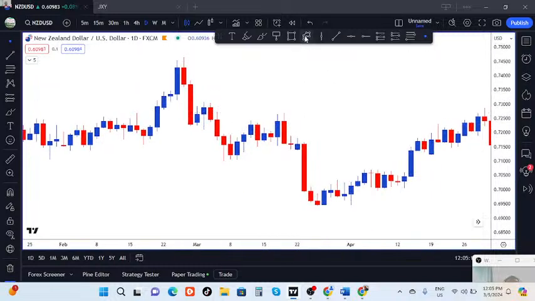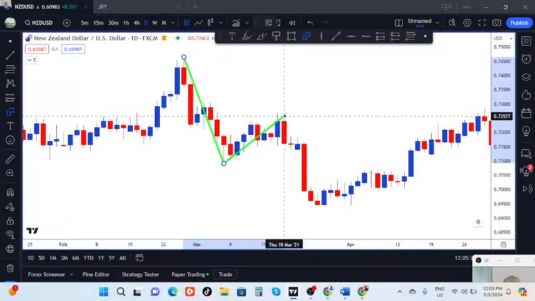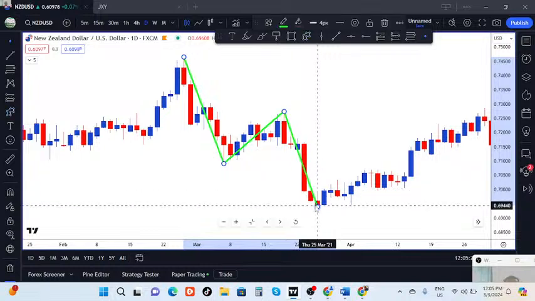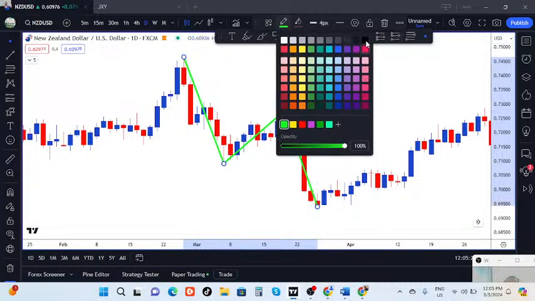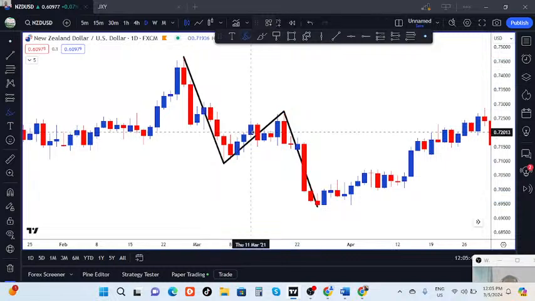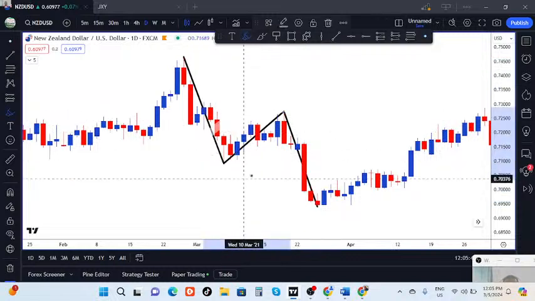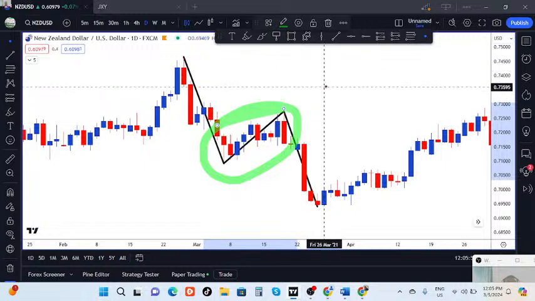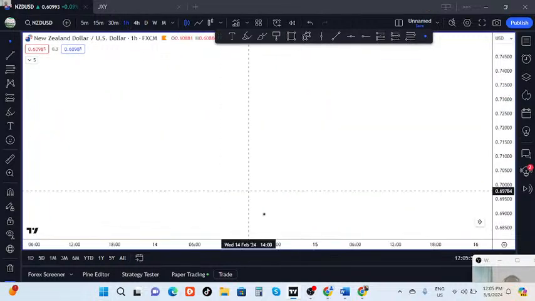Lower lows, lower high, and lower low, and change to black. This is the circle, color green. We're going to go straight all the way to the 1 hour chart.